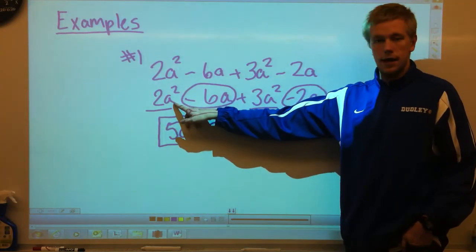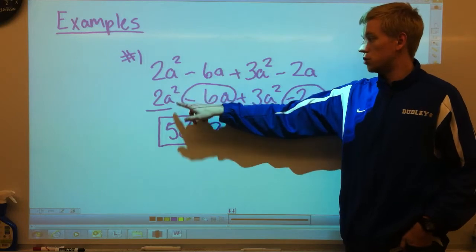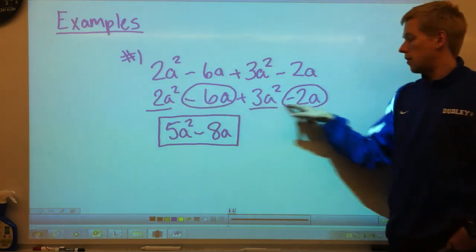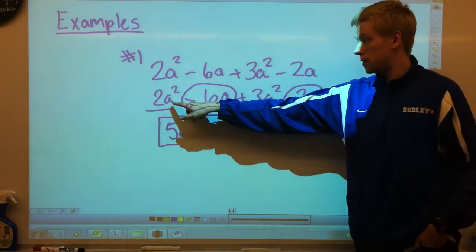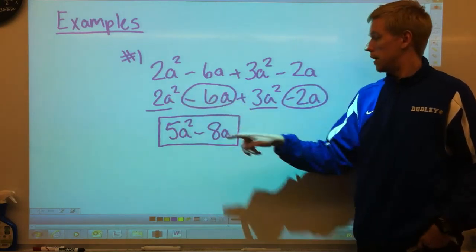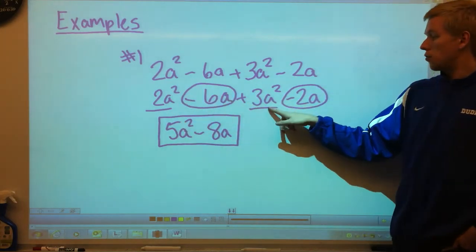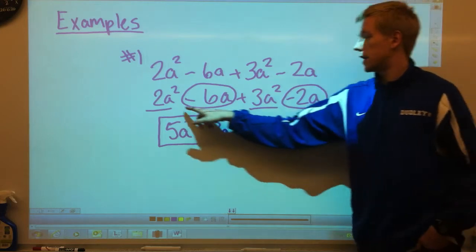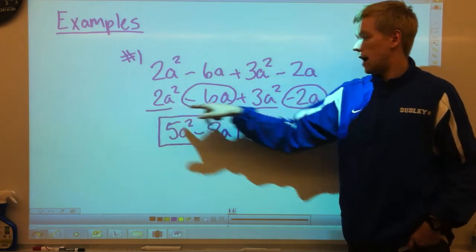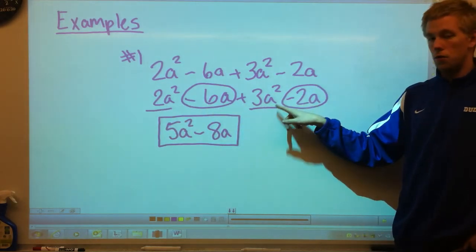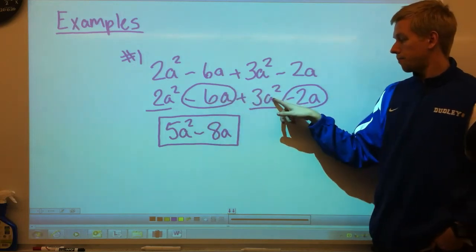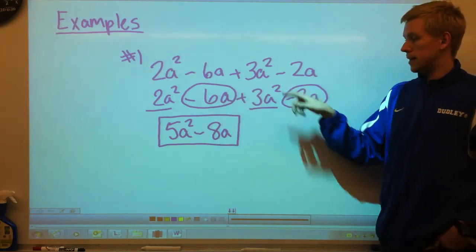I noticed the base is an a and the exponent was a 2. So I want to look through this entire thing and find other terms that match this a squared. I found a 3a squared, and I underlined it. My underlines matched up because they had the same base and the same exponent.